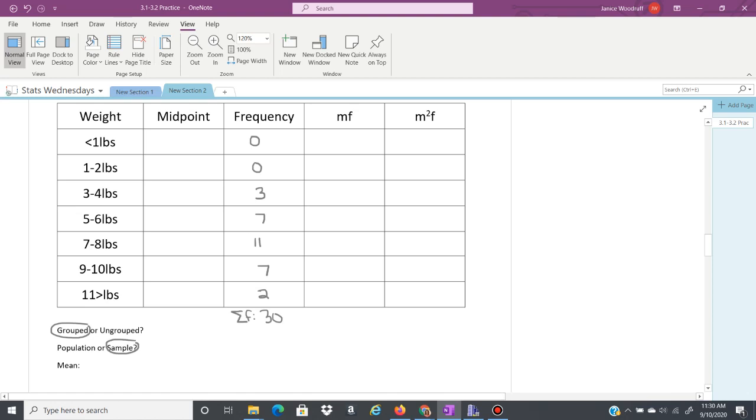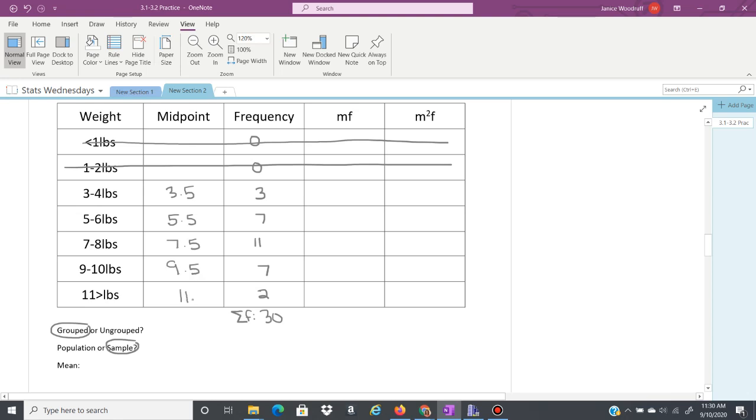All right, let's get the midpoints. We are not going to use these top 2 because nothing fell into these categories. So we're going to cross these out. Okay, so the midpoint between 3 and 4 is going to be 3.5, then 5.5, 7.5, 9.5, and that's going to be an 11.5 because you want them to be the same difference between each category.